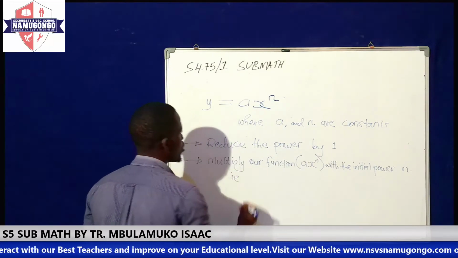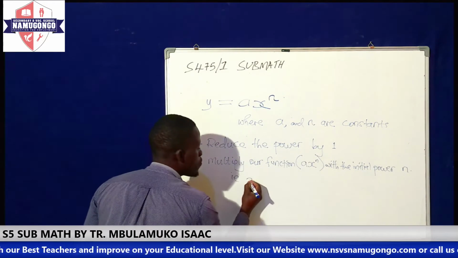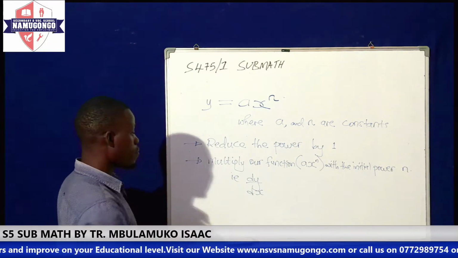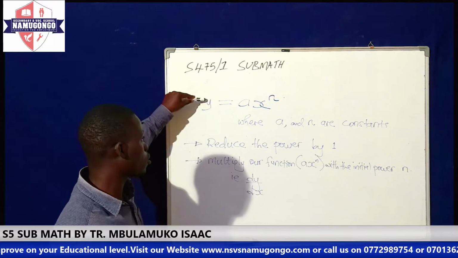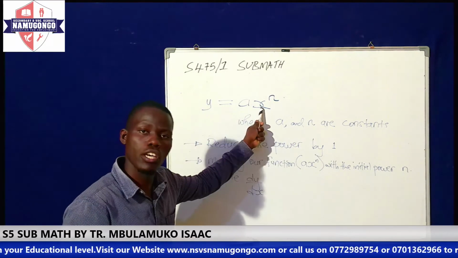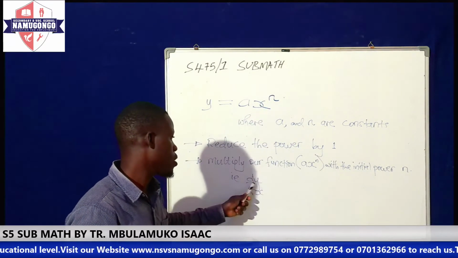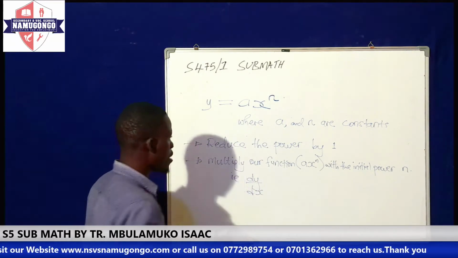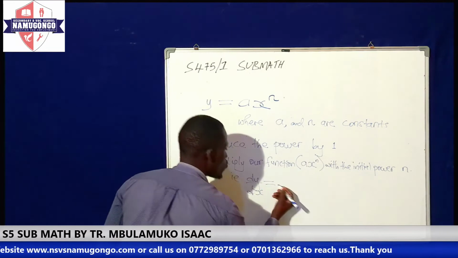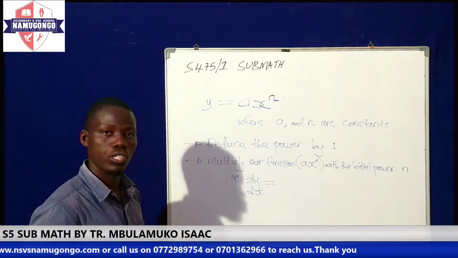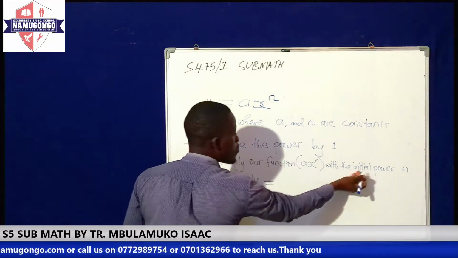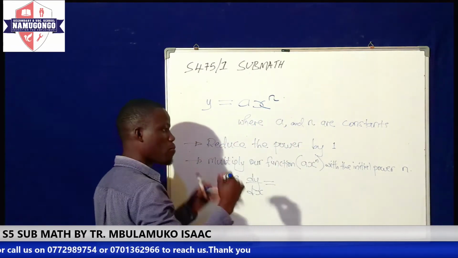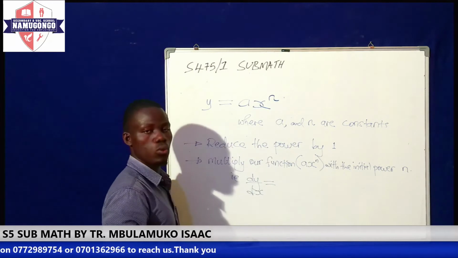So this means that we are going to have something like this. When we differentiate our y, we shall have dy/dx, because whenever we differentiate a function y with a given changing variable x, we get the derivative of y with respect to x. And on the right hand side, we shall implement these two steps. We can start by multiplying by the initial power, or you can start by reducing the power, provided you do these two steps.